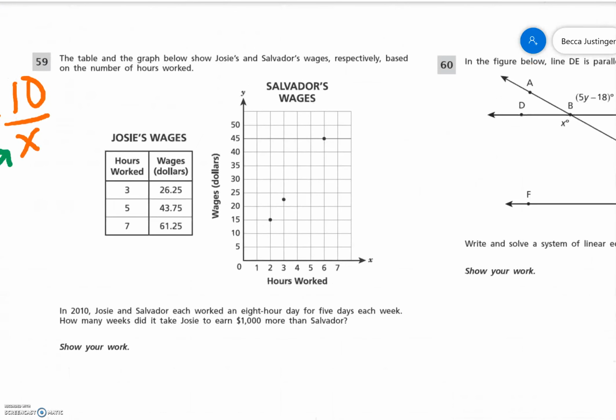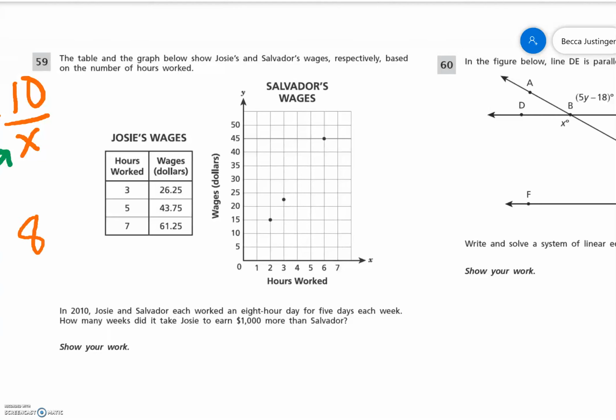The table and the graph below show Josie's and Salvador's wages respectively based on the number of hours worked. In 2010, Josie and Salvador each worked an 8-hour day for 5 days each week. How many weeks did it take Josie to earn $1,000 more than Salvador? So first we need to find their hourly wage. So Josie makes $26.25 in 3 hours.